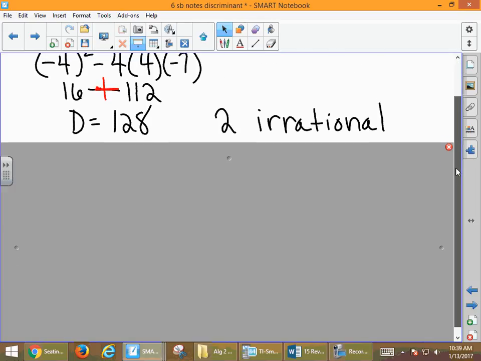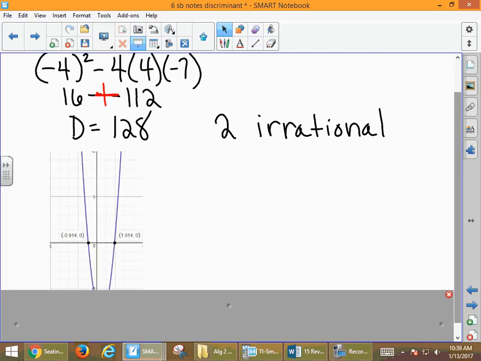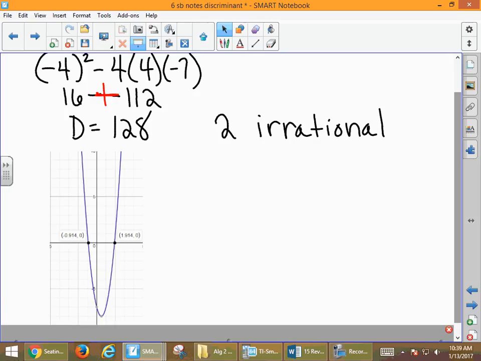And in the effort of time, here's our picture. We get negative 0.914 and 1.914. We get non-repeating infinite decimals, but it still does cross the x-axis. It's just not as, for lack of better words, pretty a point as some of the others.